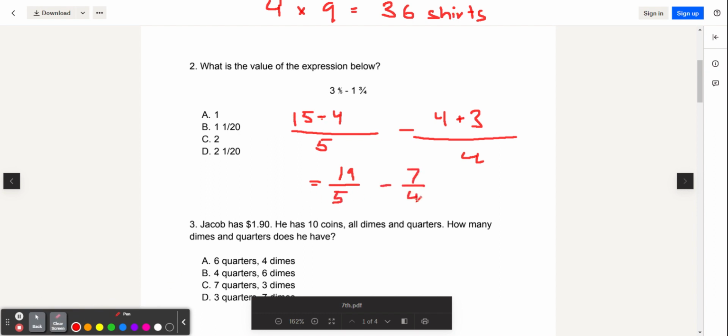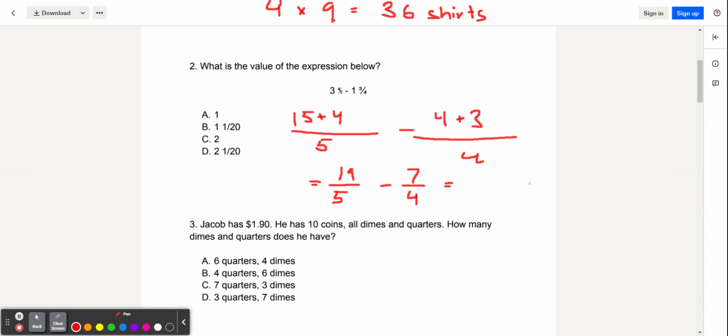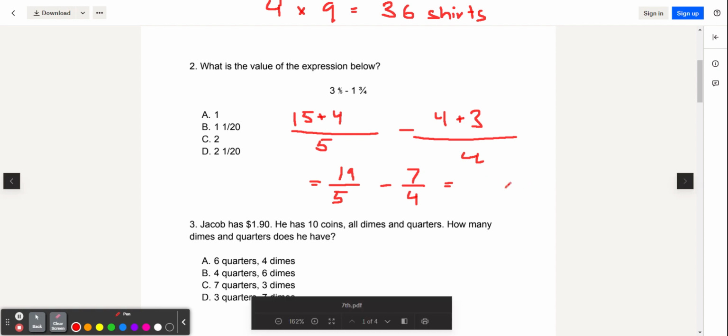Now we find the least common multiple, the LCM, which is 20. If that doesn't come to you instantly, you can write out the multiples: 5, 10, 15, 20, and so on.